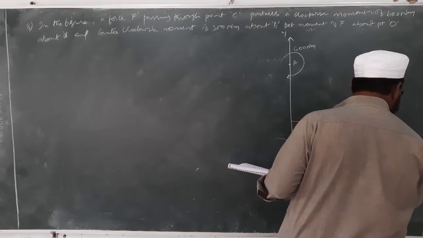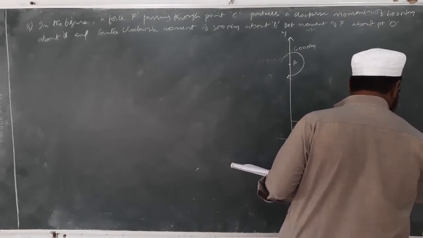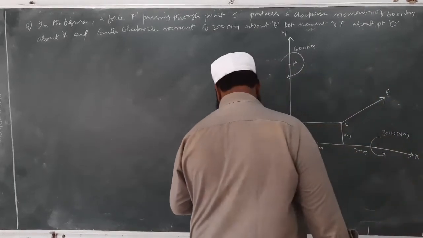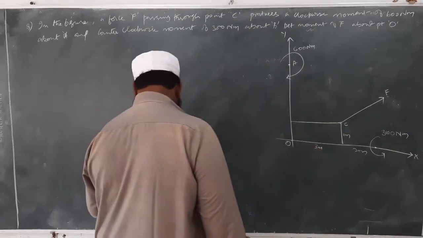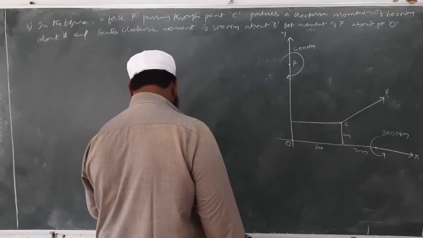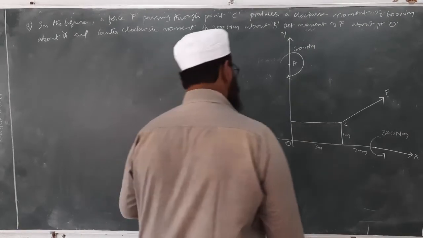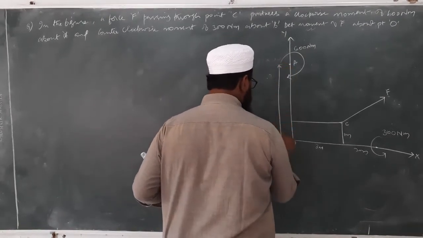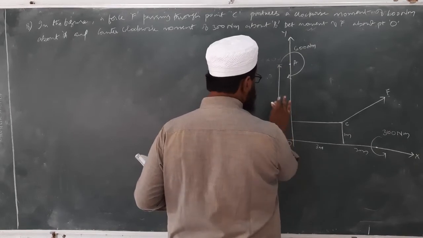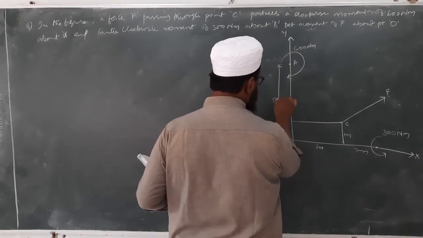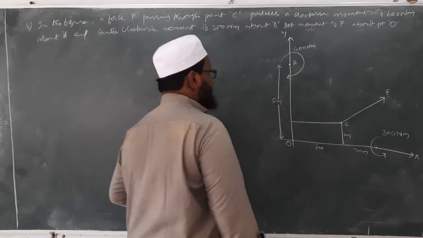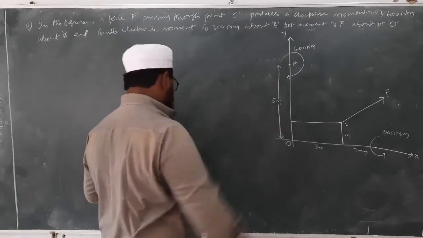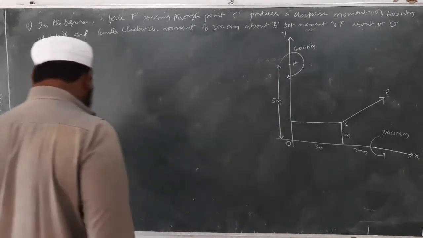Counterclockwise moment is nothing but anti-clockwise moment, okay, and this distance is given as 5 meters. The total height is 5 meters given in the question, okay.